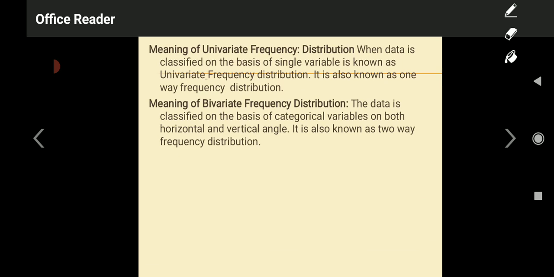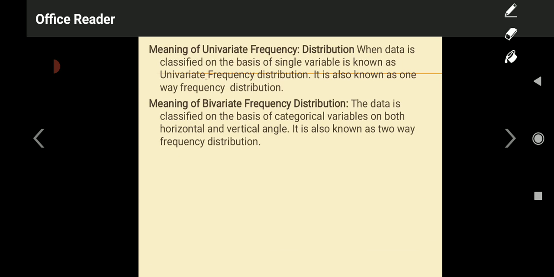In addition to cell phones, if they were using any other material or product, that would come under bivariate frequency. But here the 45 families are using only a single product, that is, a cell phone. Because of that, this frequency array is a good example of the meaning of univariate frequency distribution.